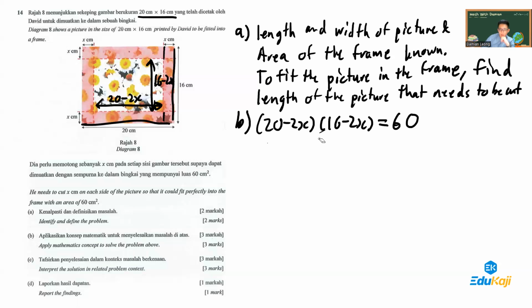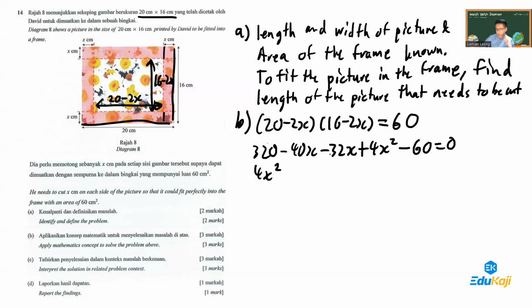20 times 16, 320. 20 times negative 2x, minus 40x, minus 2x times 16, minus 32x. Same sign, plus 2x times 2x, 4x squared. Bring over the 60, minus 60 equals 0.